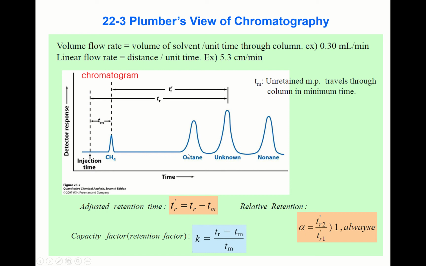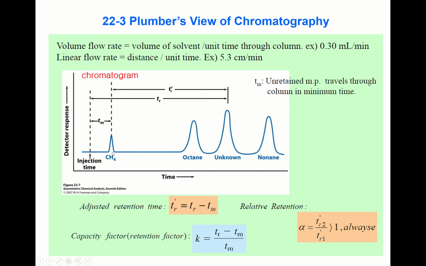Depending on how strongly they interact with the stationary phase, their times to come out of the column are different. In this case, you mixed methane, octane, some unknown gas, and nonane. When you inject, the methane comes first.